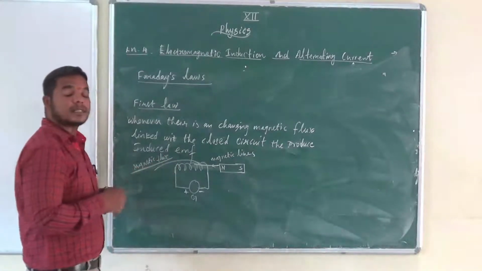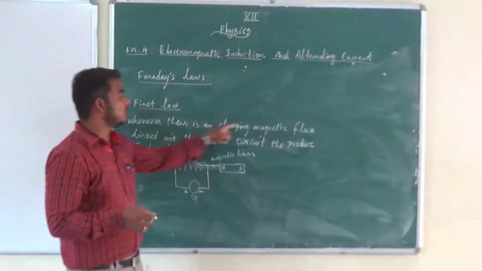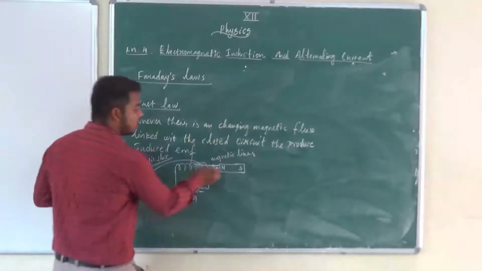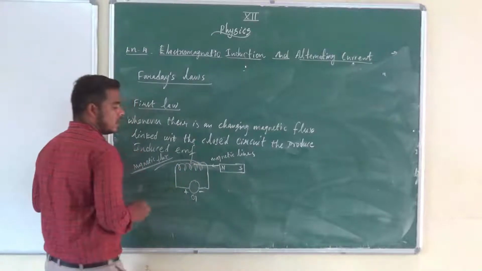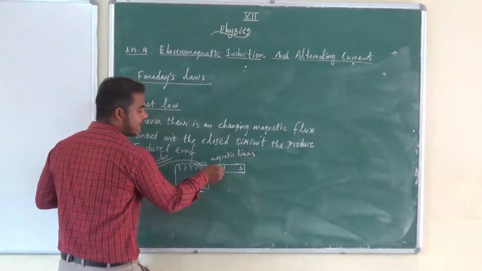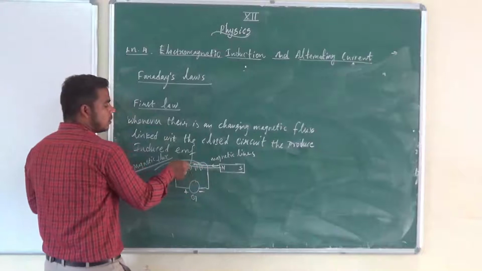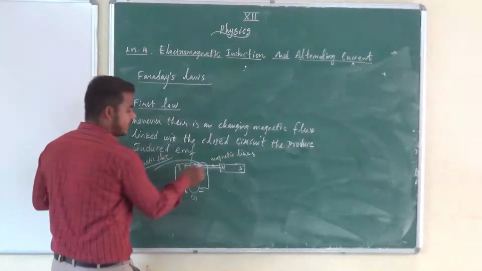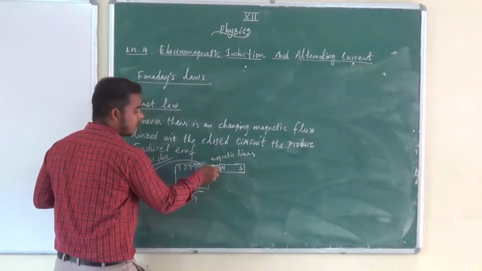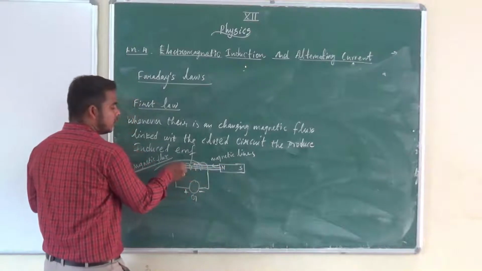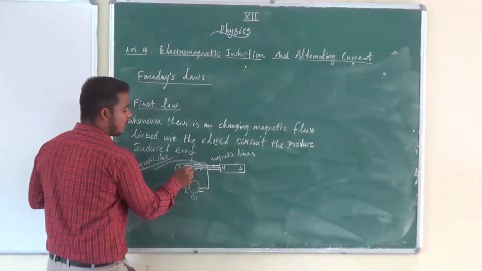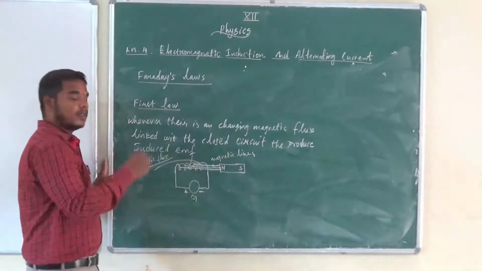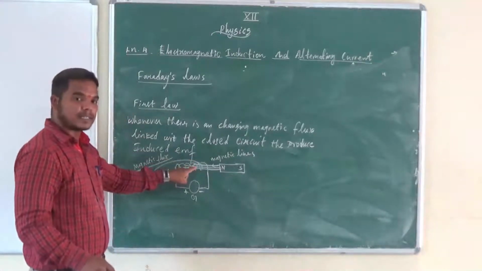Whenever there is a change in magnetic flux, how does it change? See, the first magnetic line is small, the next magnetic line moves a little more compared to the first, and the third moves a little more compared to the first and second, a longer line. That means there is a change in magnetic flux.